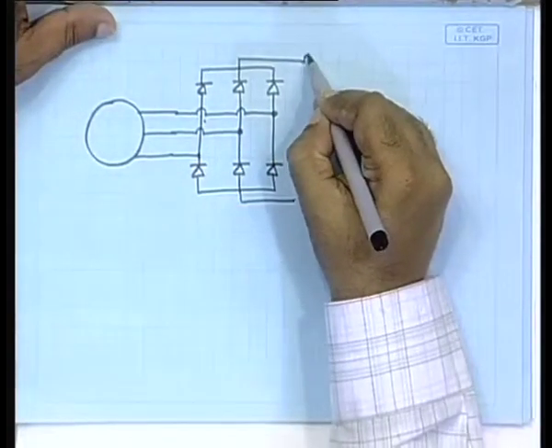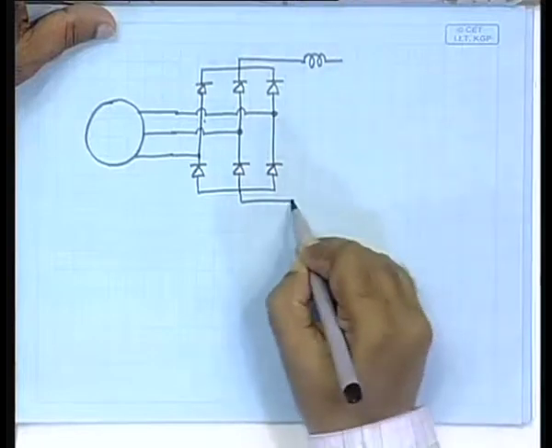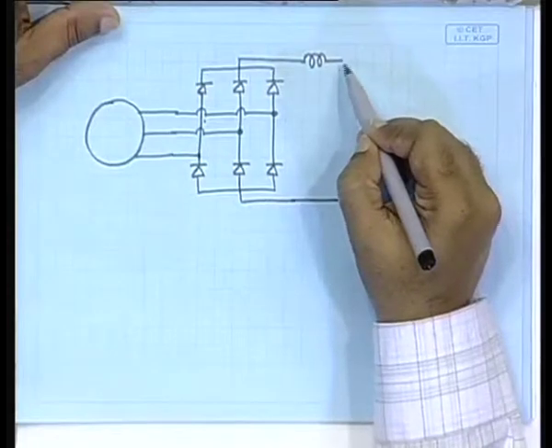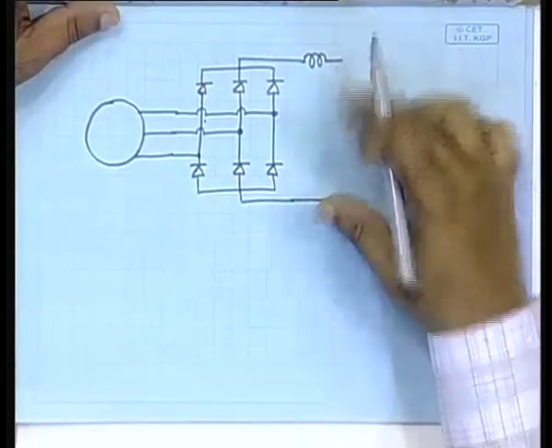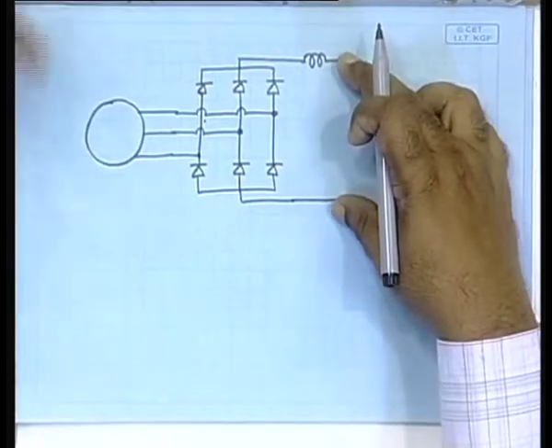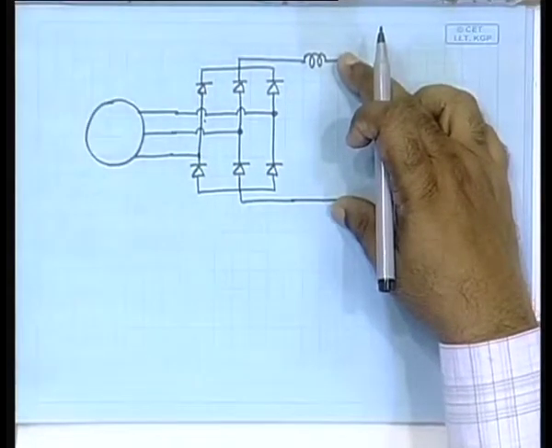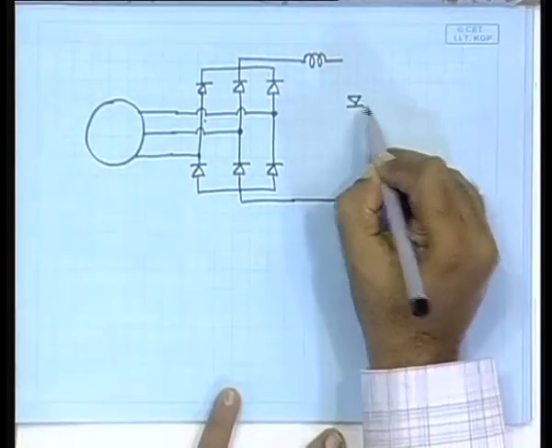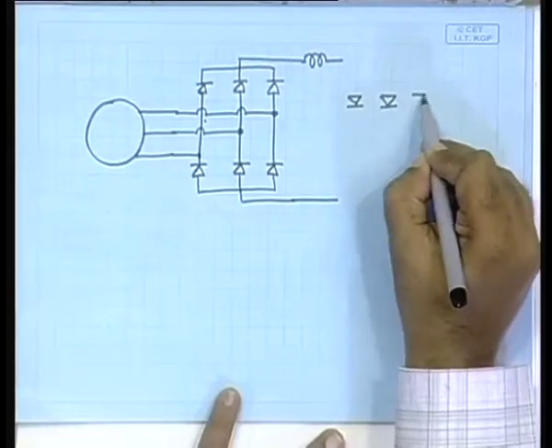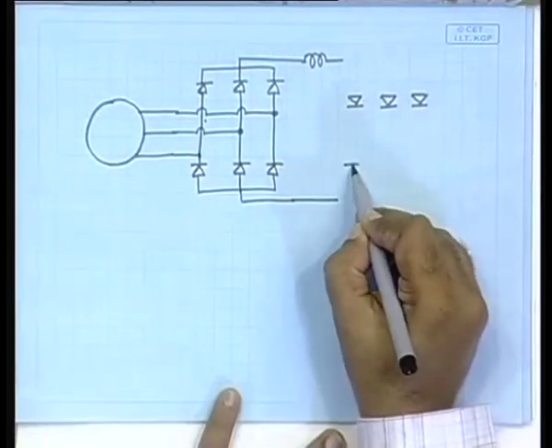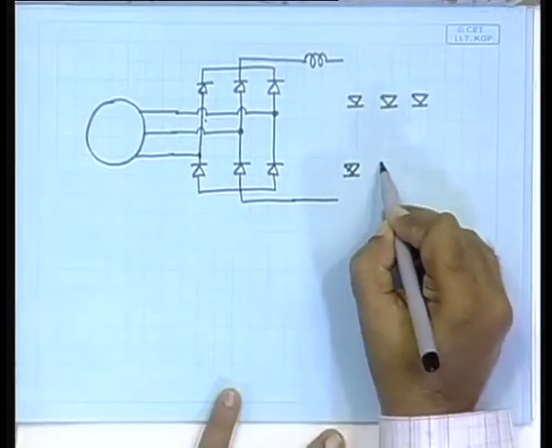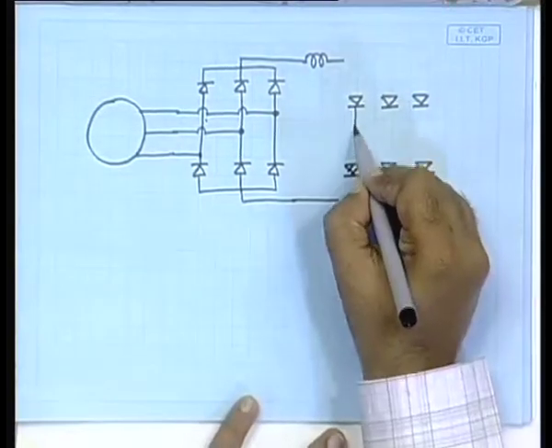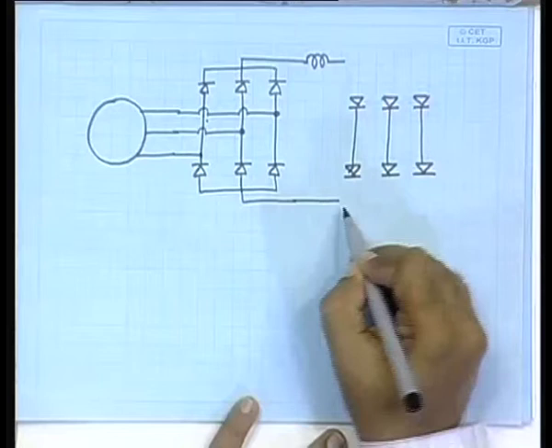So, in order to smoothen it out, one generally connects an inductor here, and then at this point here you have DC, but since all the loads are AC, therefore, that has to be reconverted to AC, but at 50 hertz. Now, that can be done by an arrangement something like this. A very similar arrangement though.